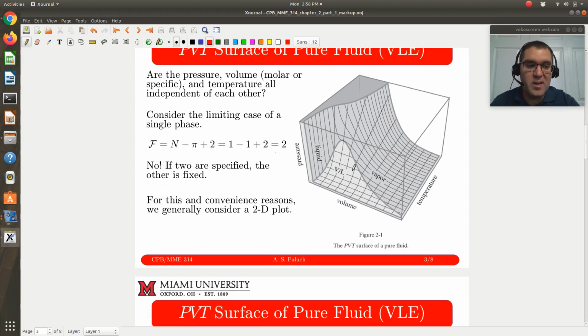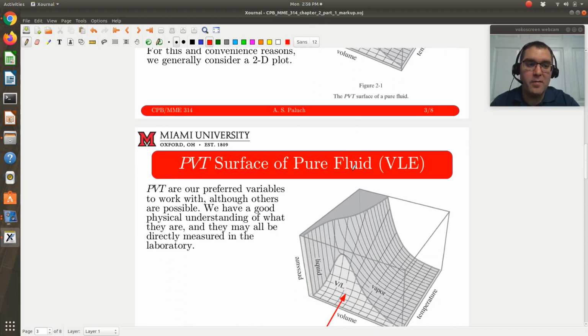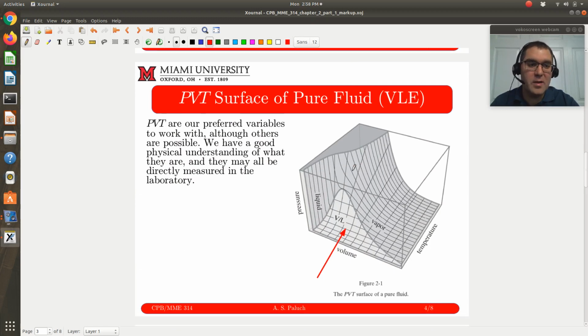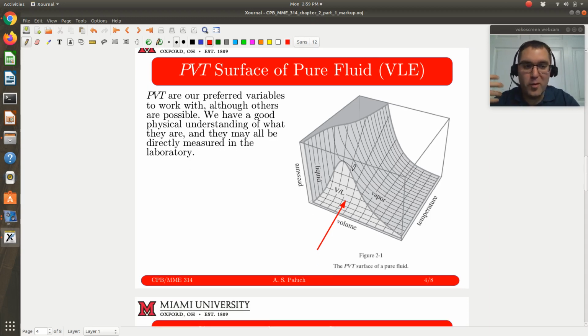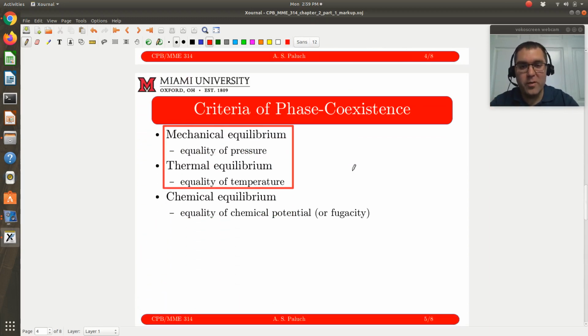It's easier to think in terms of 2D, and easier to plot my phase behavior on a 2-dimensional surface, and that's all I really need since I only have 2 degrees of freedom. Again, pressure, volume, and temperature are our favorite variables to work with.